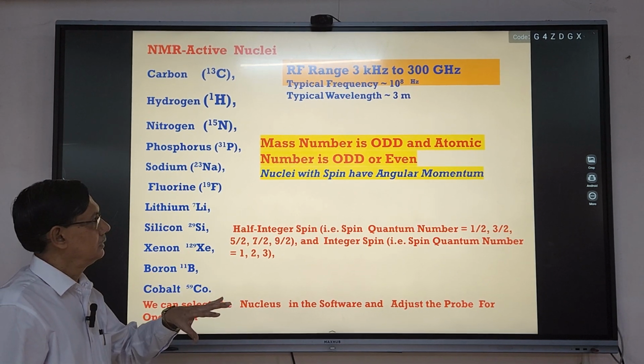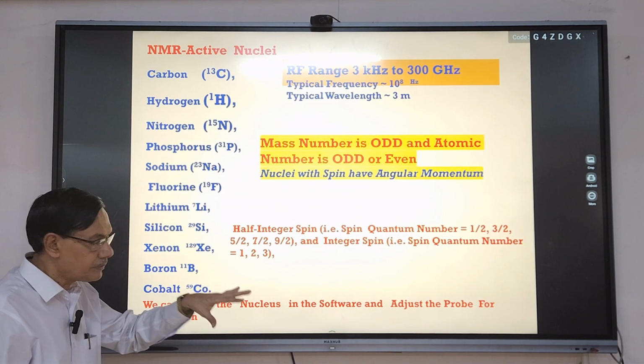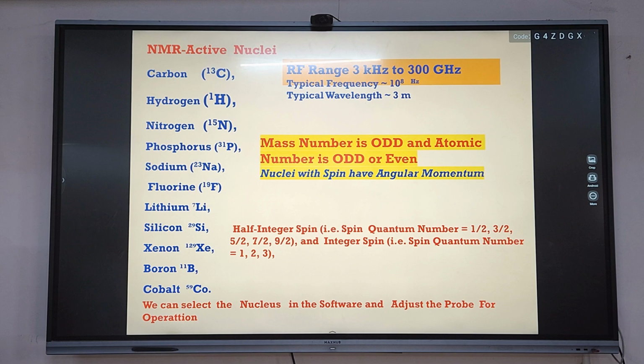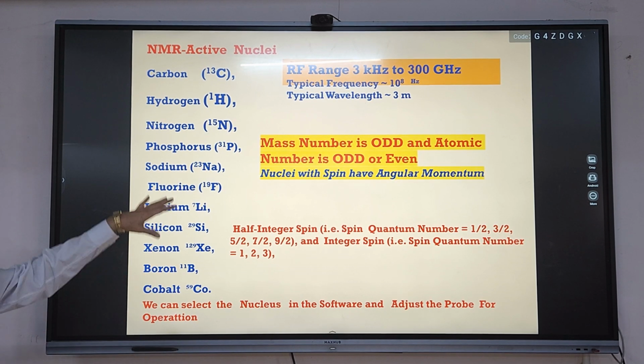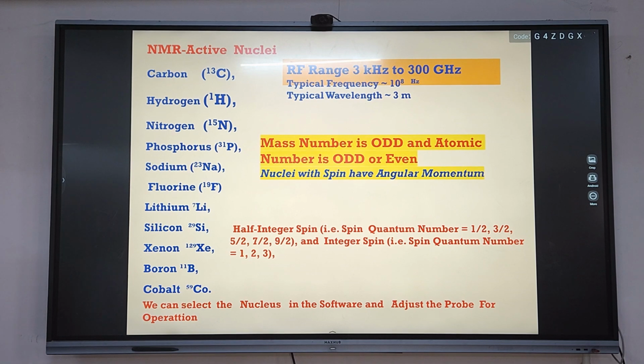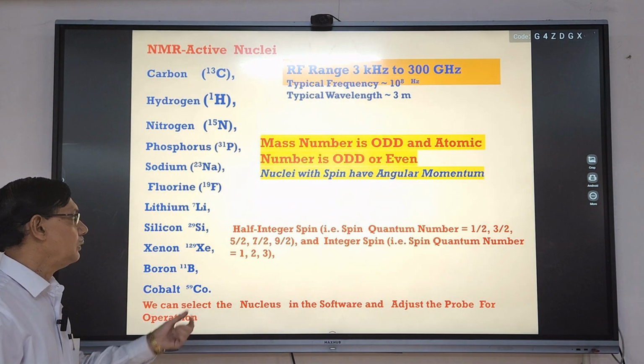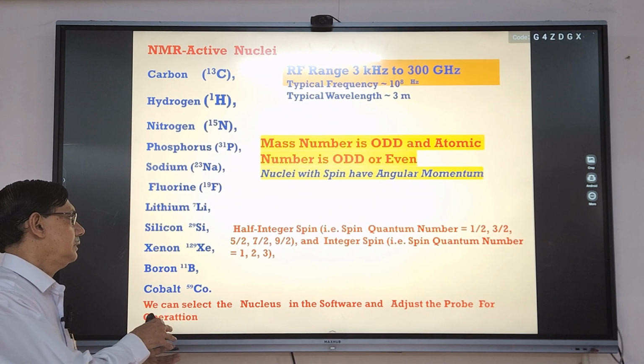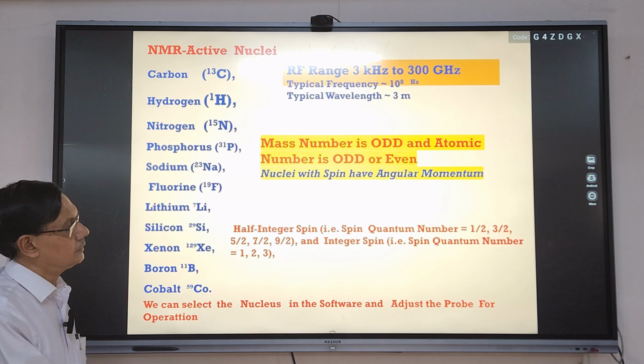Of course, nuclei with spin have some angular momentum. If you see very carefully, like carbon 13 or hydrogen or nitrogen 15, and if you calculate the spin quantum number, there is either a half integer spin or an integer spin.